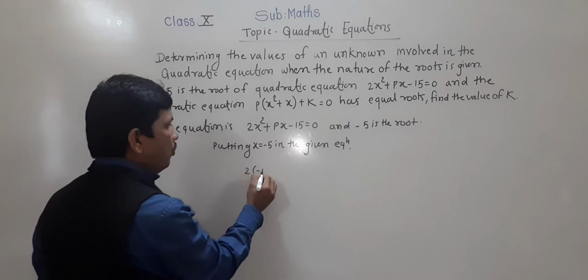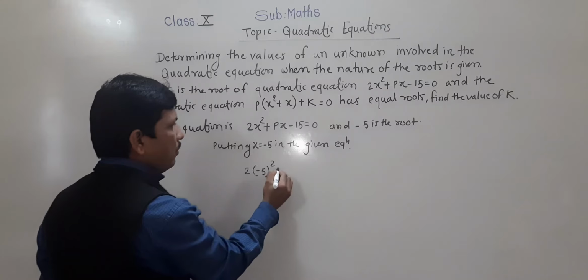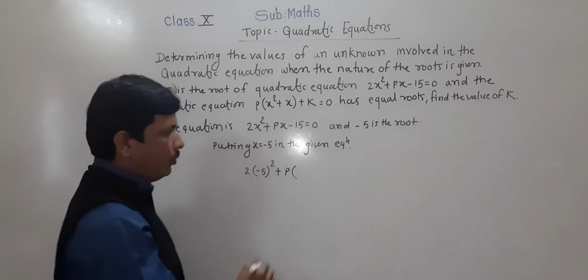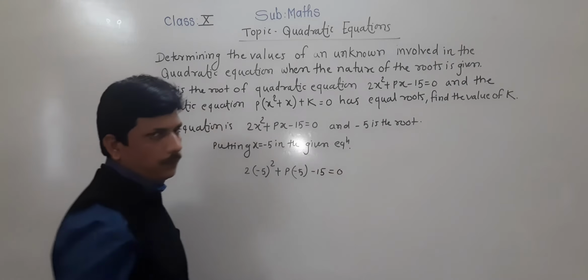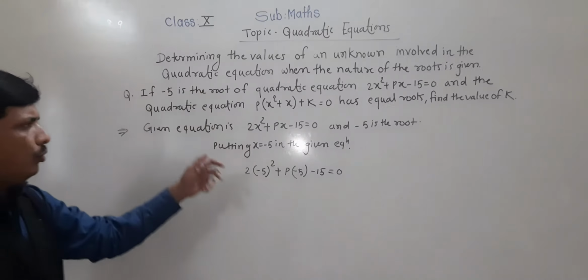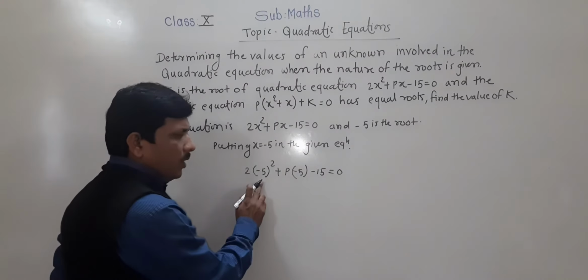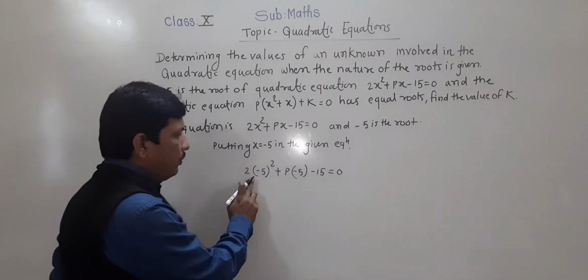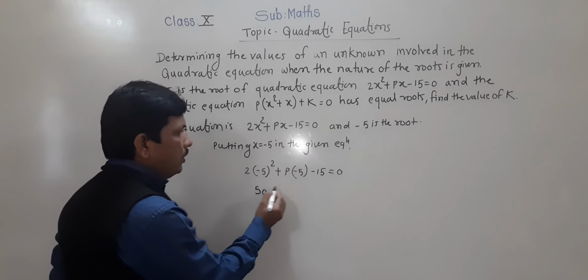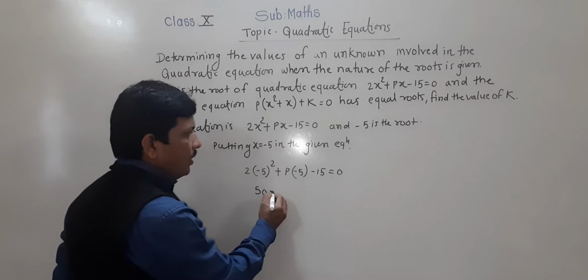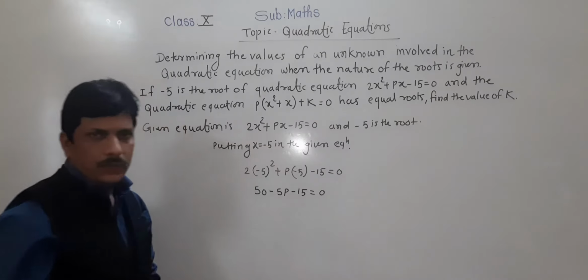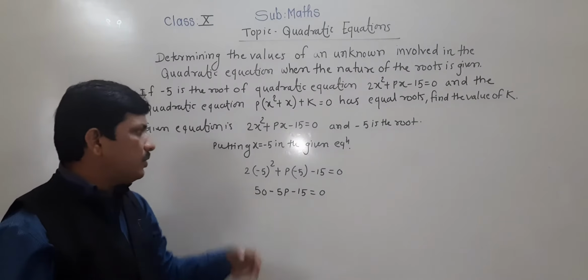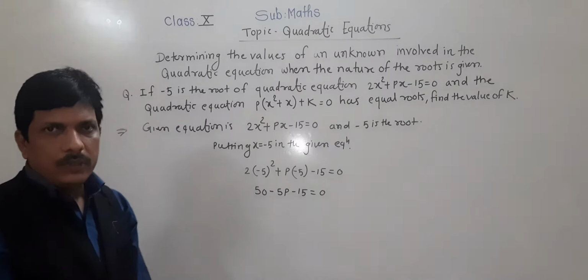So 2 into minus 5 square plus p into minus 5 minus 15 is equal to 0. Minus 5 square will be 25, so 50 minus 5p minus 15 is equal to 0. 50 minus 15 will be 35.